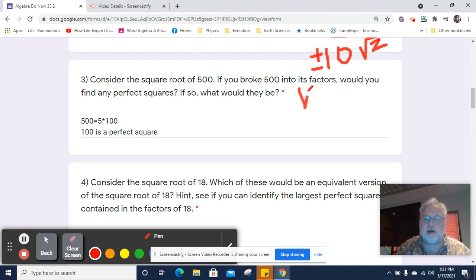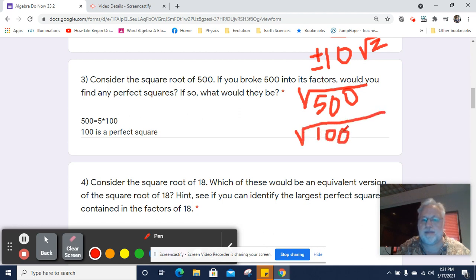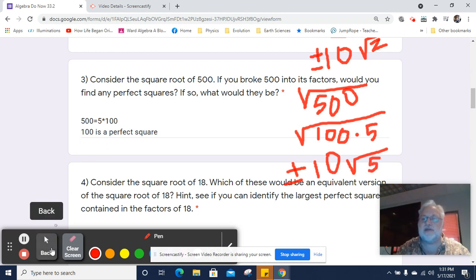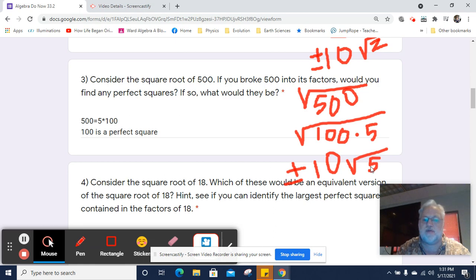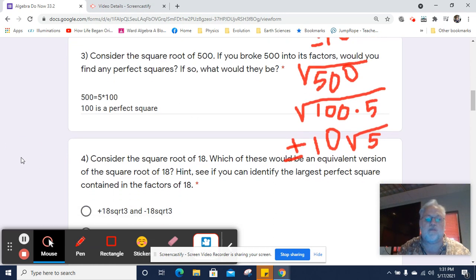The square root of 500 is going to be the square root of 100 times 5. And that's going to be plus or minus 10 square root of 5, because square root of 5 is not going to be reducible. You would be writing it forever. That is the exact answer. 10 root 5 and negative 10 root 5.